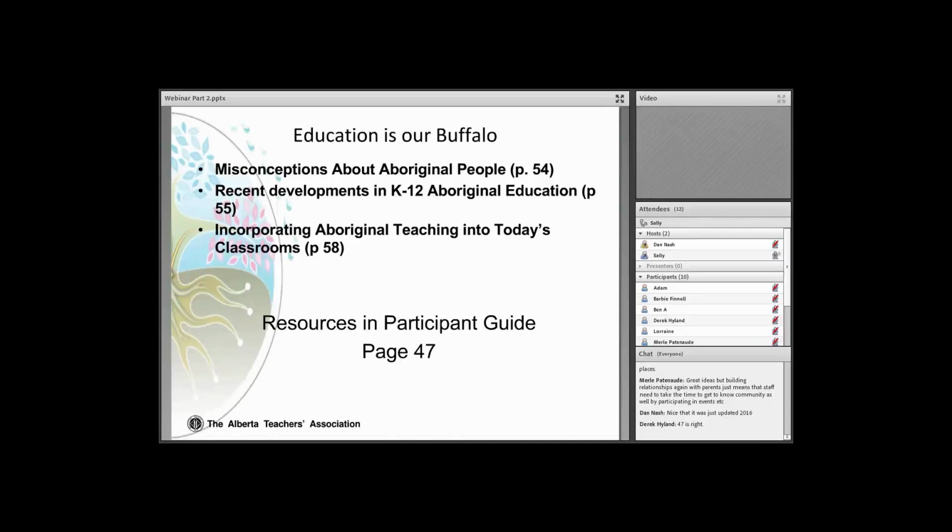As well, the ATA library is a wonderful resource for teachers in Alberta. You can take out books. It's free. They mail them to you, and then you mail them back at their cost, which is wonderful. I've been able to take out many books, and it's just a really great resource.